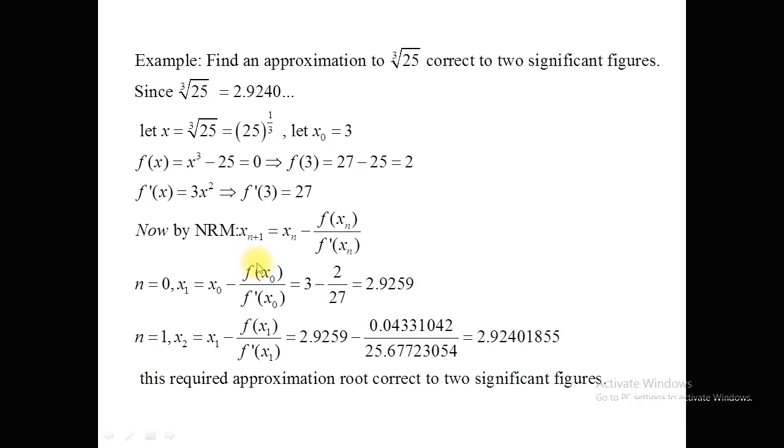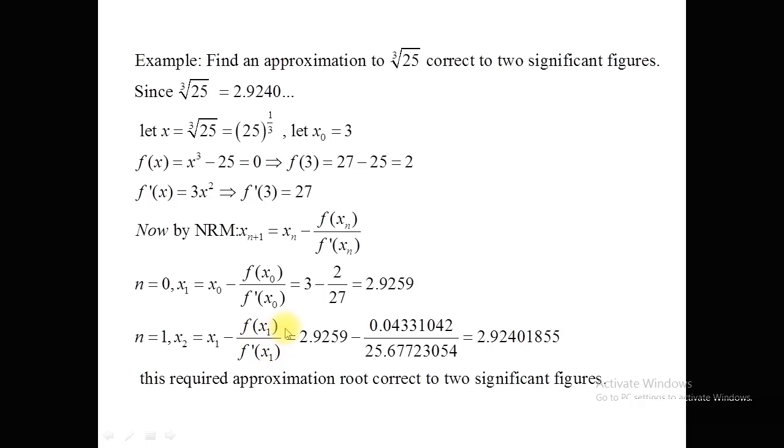Since the function value at x naught is 2, and the derivative of the function at x naught is 27, so 3 minus 2 divided by 27 is equal to 2.9259. Similarly, for another root of the function, for n is equal to 1, putting in this formula again, we get x2 is equal to x1 minus f of x1 divided by f dash of x1.